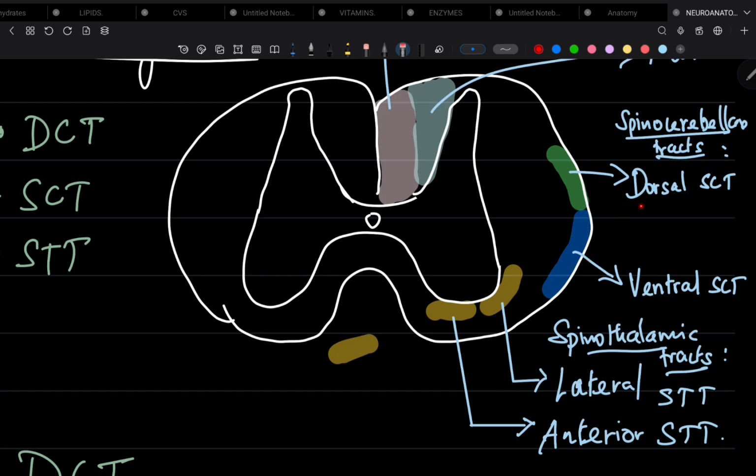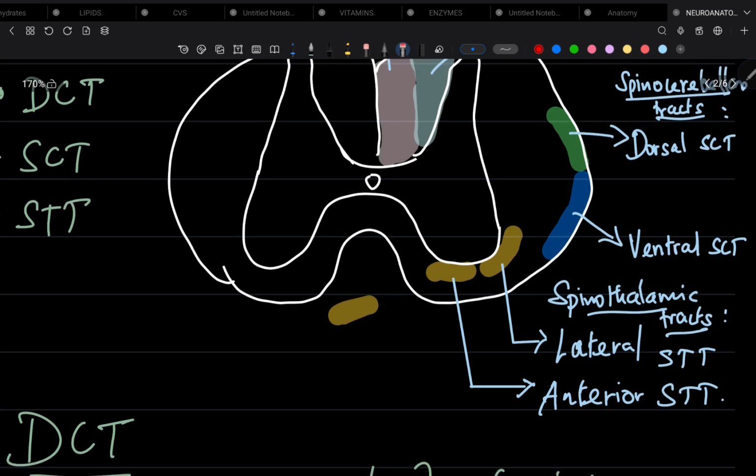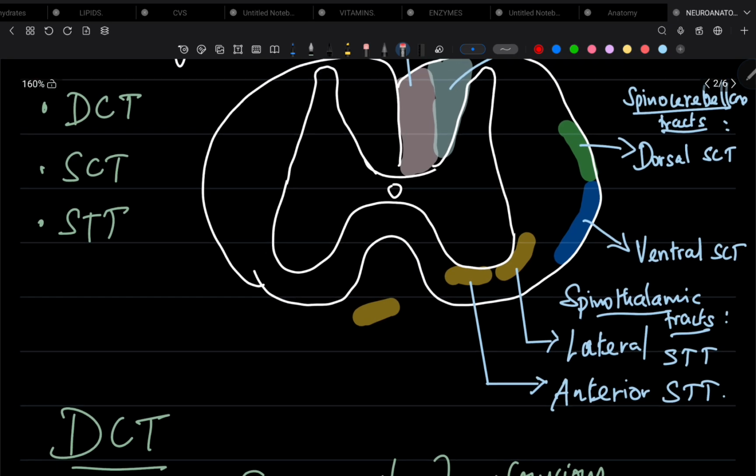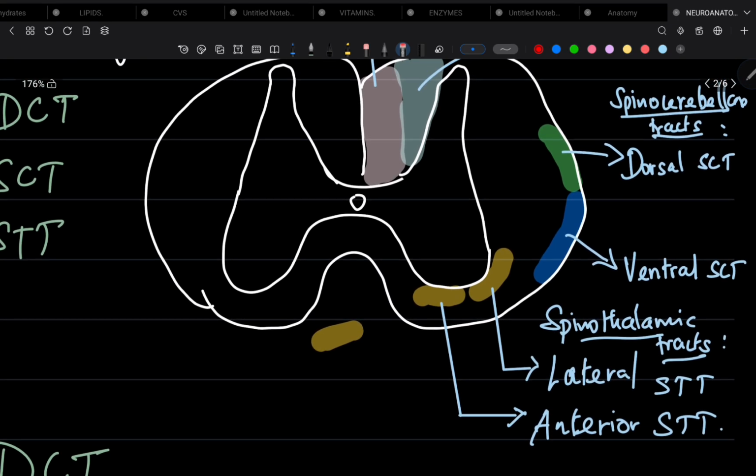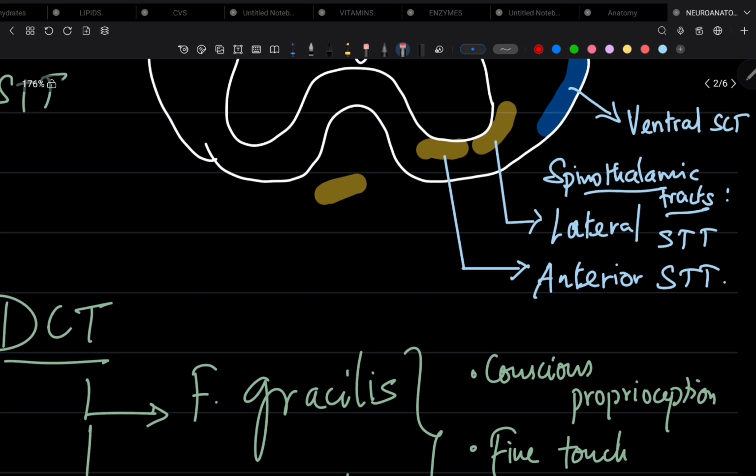There are two types: dorsal SCT and ventral SCT. Diagrammatically both are lateral tracts, but they are named ventral and dorsal spinocerebellar tract. Then there are two spinothalamic tracts: the lateral spinothalamic tract and the anterior spinothalamic tract.